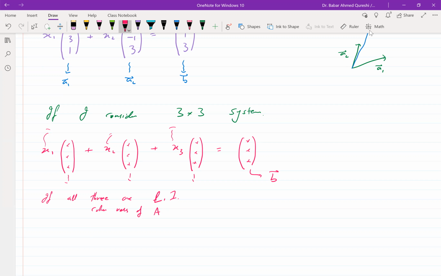But if I choose 3 column vectors at random, usually there's a big chance that they will not lie in one plane. So a randomly chosen 3 by 3 system will have a very big chance of being consistent. But still, you can have situations where they're not linearly independent. In those special situations, you can end up with an inconsistent system, but not that often.